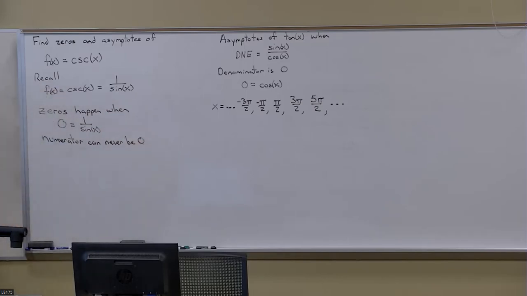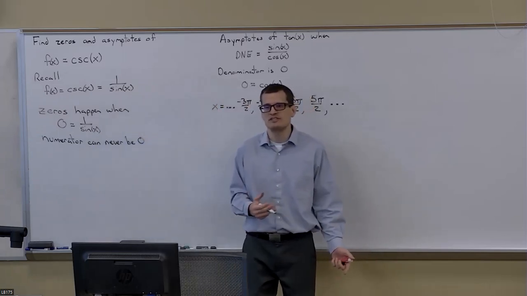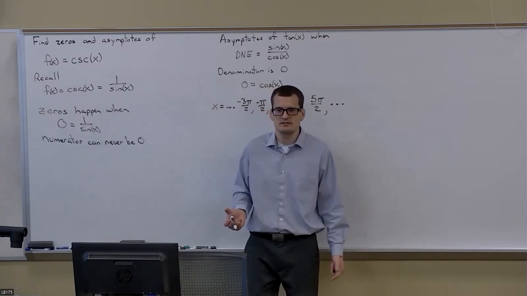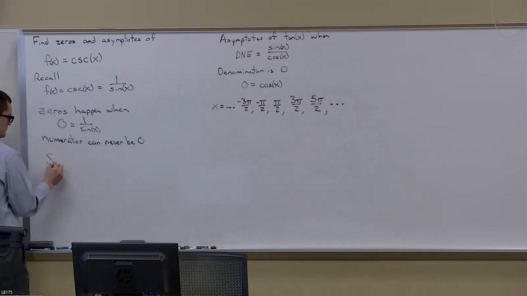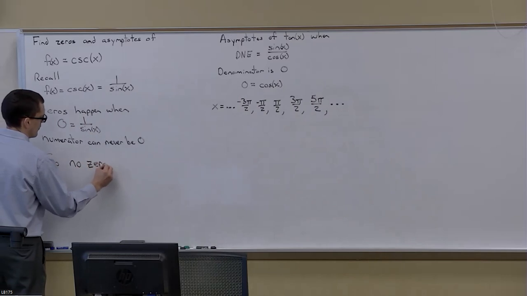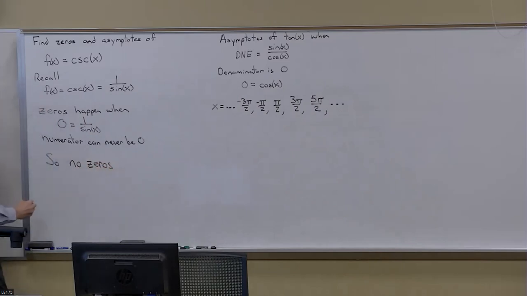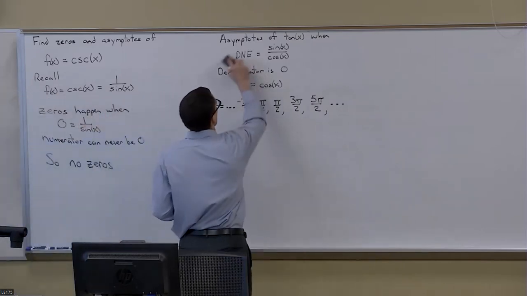So this is an algebraic way to see that cosecant never crosses the x-axis. We actually saw that graphically earlier. You remember that? We looked at the graph and saw secant and cosecant never cross the x-axis. So there's no zeros here.